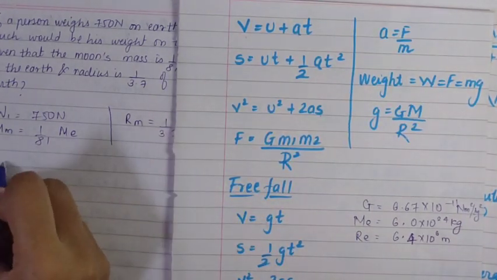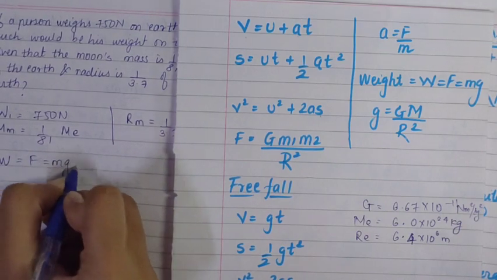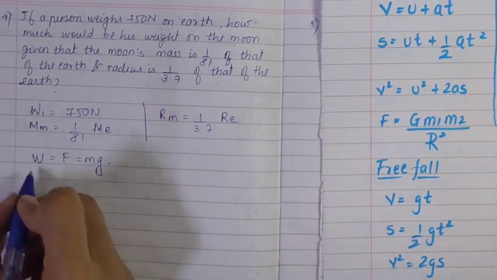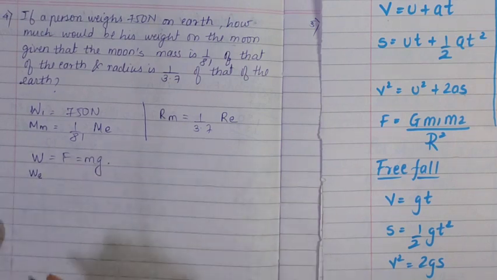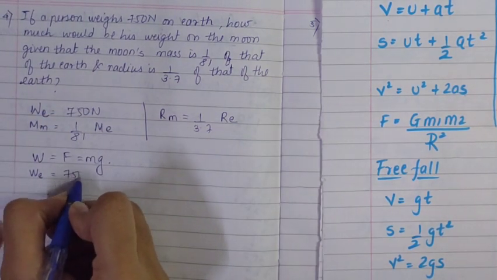I'm just writing the formula here. Using this formula, now you can write the weight on, say, Earth. Weight on Earth is 750 Newton.